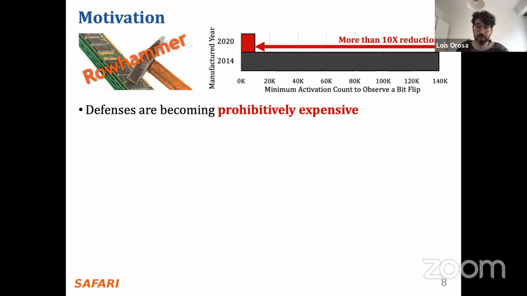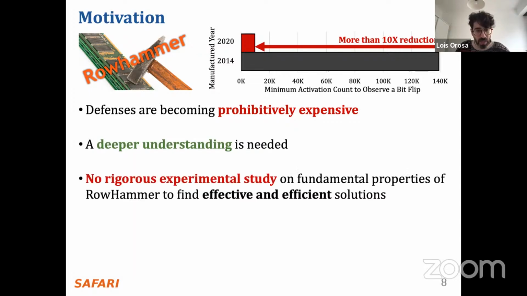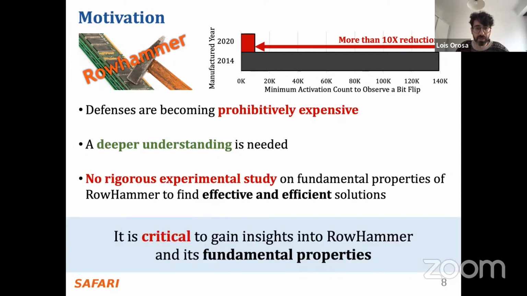Recent works have demonstrated that many defense mechanisms are becoming prohibitively expensive for future DRAM chips. A deeper understanding of RowHammer is the key to overcome this challenge. However, no rigorous experimental study demonstrates a set of fundamental properties of RowHammer to find effective and efficient solutions.